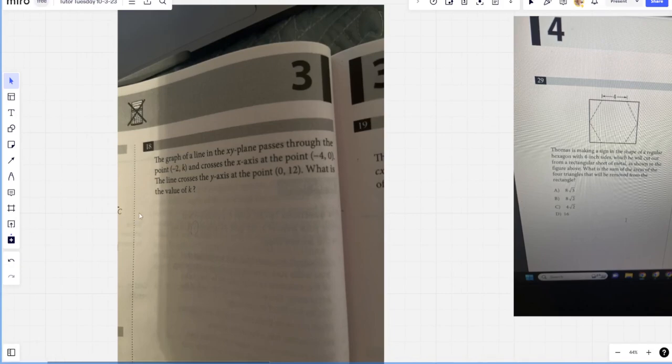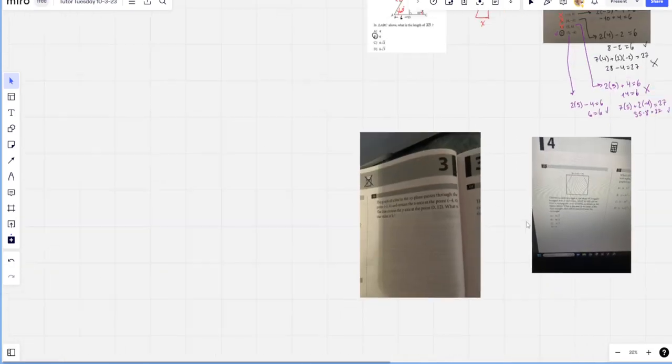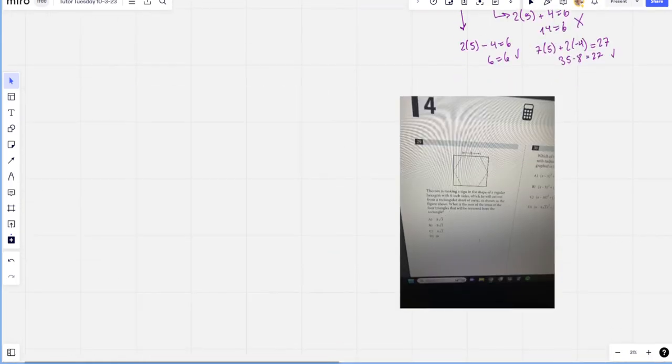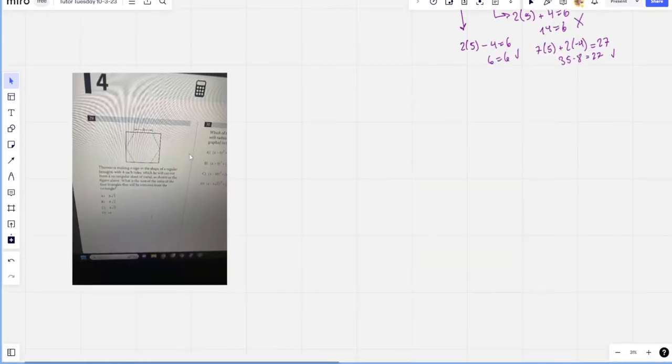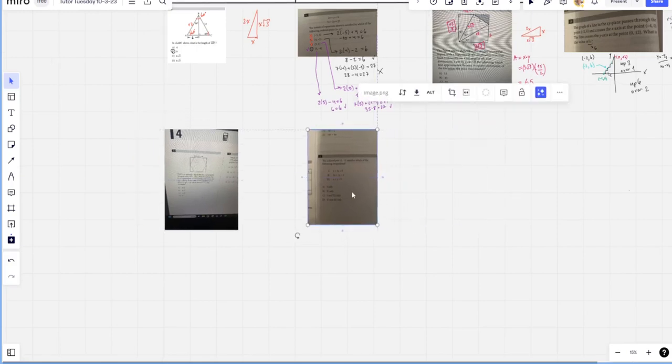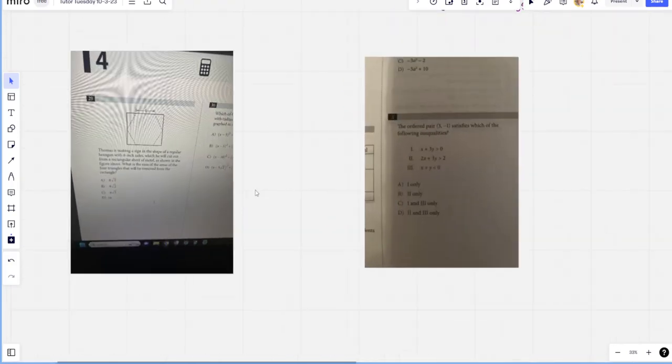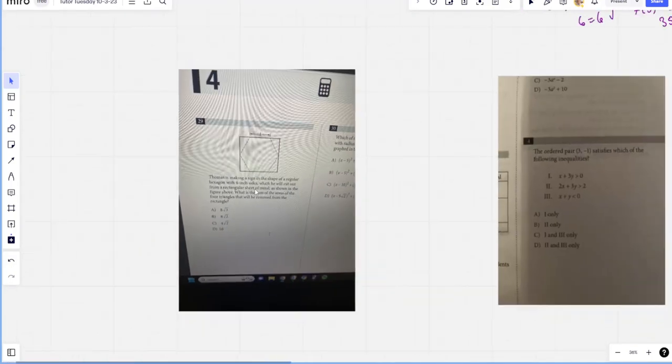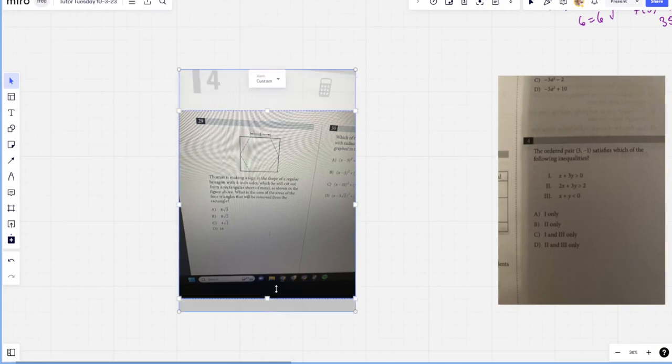What do we got here? Oh wait, did I not just do this one? I did. Alright, we'll do the hexagon one next. Custom crop.